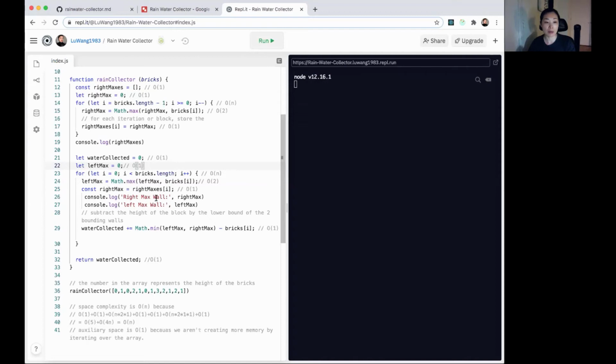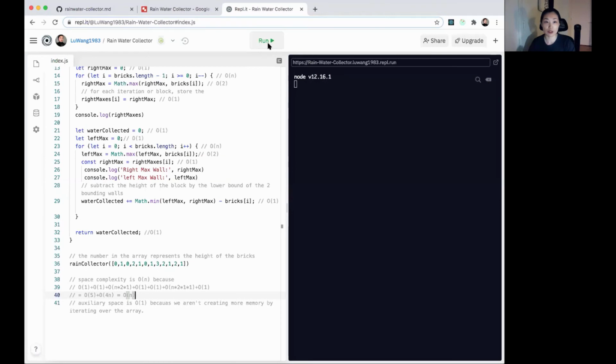And at the same time, we're iterating through the array of right max walls that we defined earlier. For each iteration, we compare the values left max and the right max. We pick the lower number between these bounding walls, and that is the first number in our equation. And the second number is the number in the array. So we get the result from the subtraction and add it to the total volume of water collected. Return that number, and that is our final result.